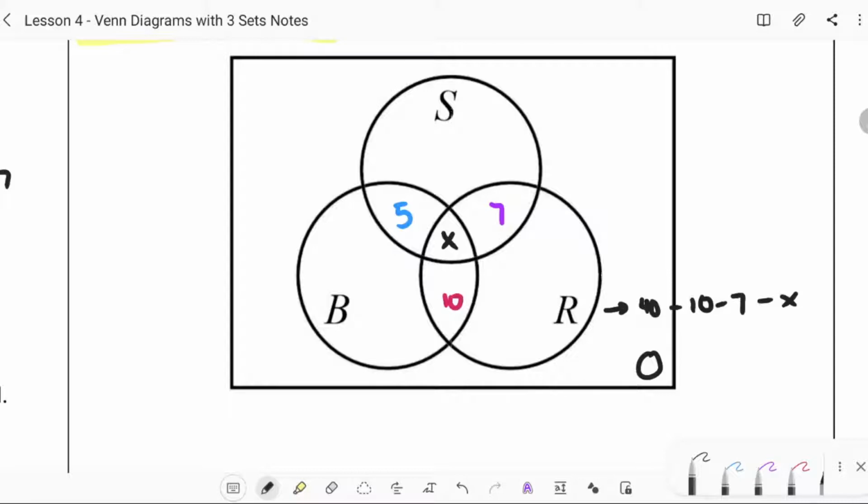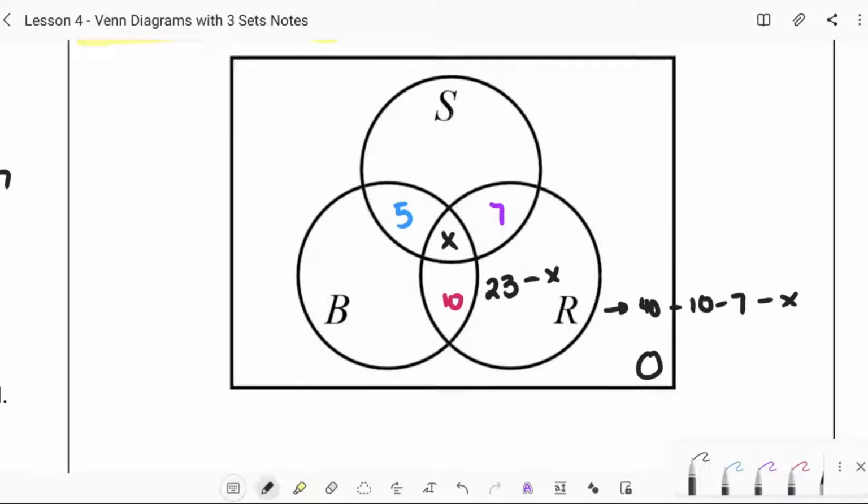So I can give it an expression at least. I can say that 23 minus x is what's just in set R, right? Totals to 40, but 10 are taken up, shared with Black Mirror, 7 are taken up, shared with Stranger Things, and x is all 3. So we'll leave that expression for now.